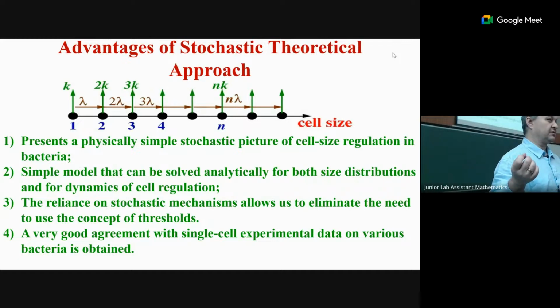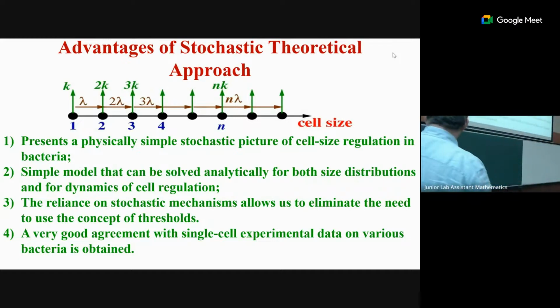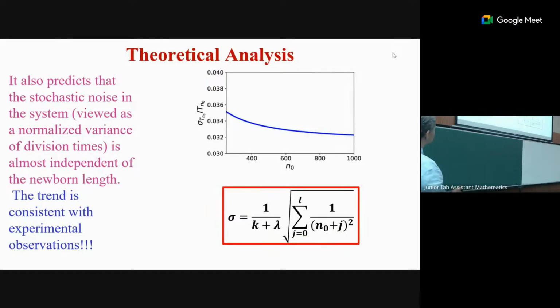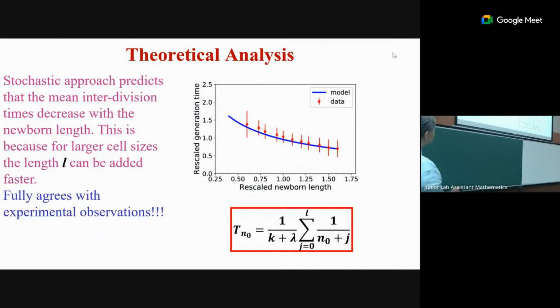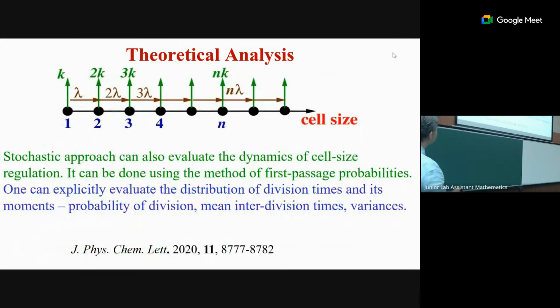Is this the sigma you had a few slides back? Yeah, we can calculate everything, but the point here is this picture that there is an average added size that is always the same, independent of where you start. That's because if you are too short, you will not divide, too long, you do not exist. There is some optimal length which corresponds to the balance between growth and division.